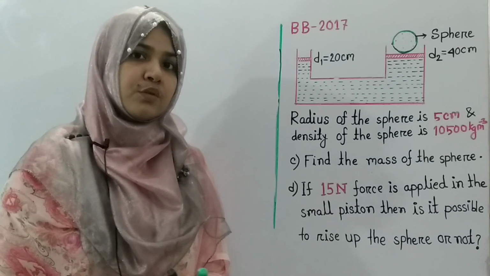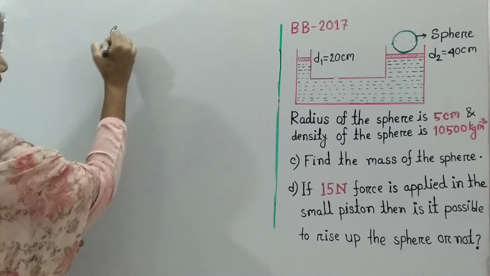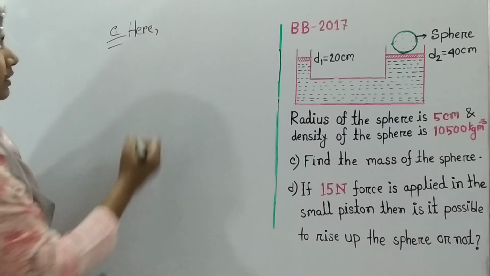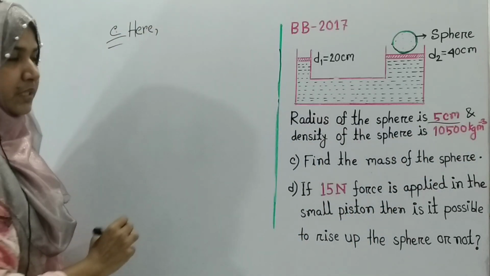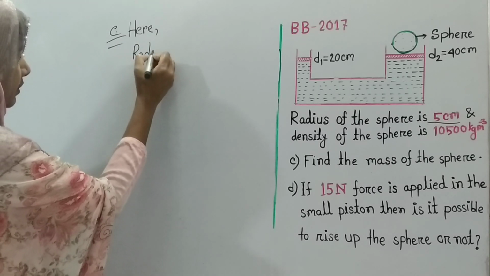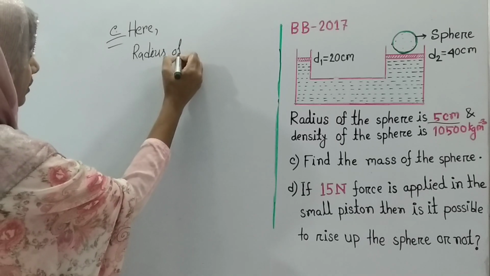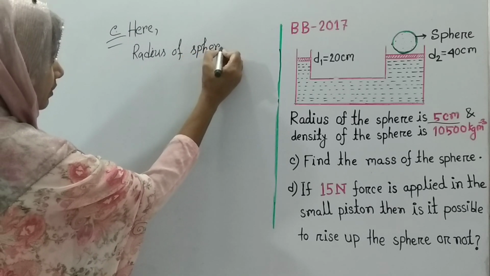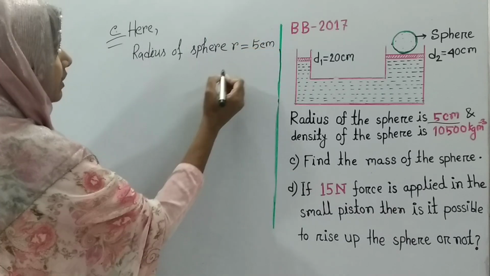So let's start to solve the question. C number. Here the given informations are radius of the sphere, r equals to 5 cm.